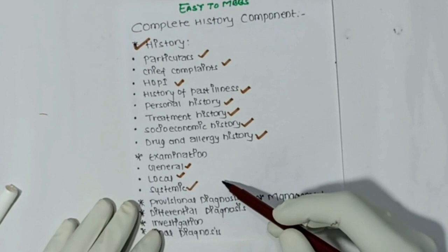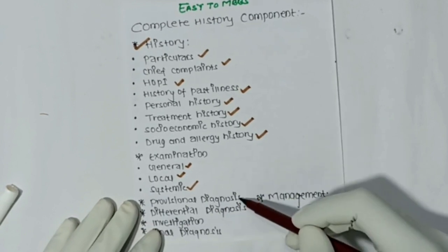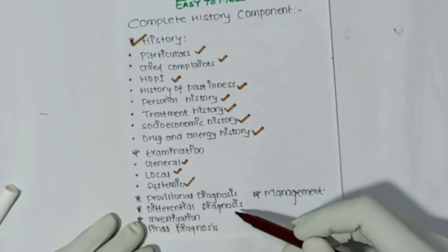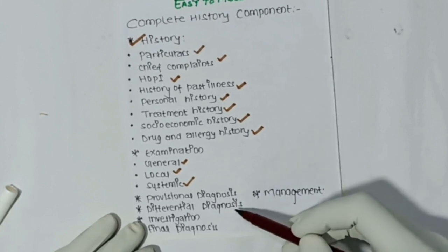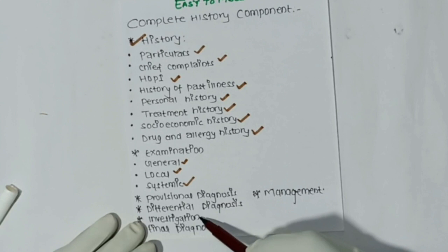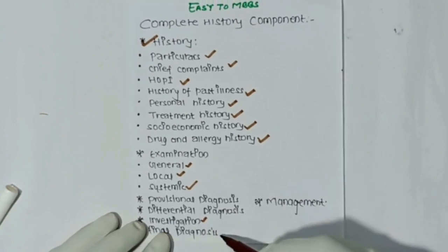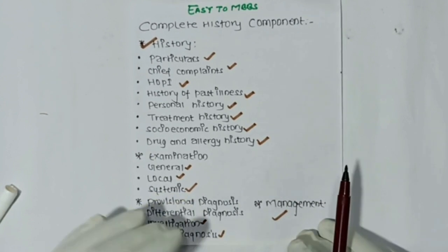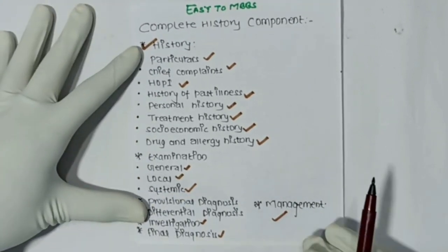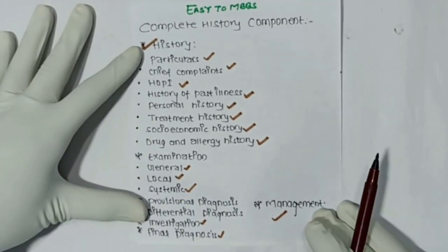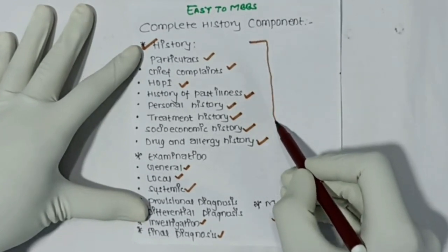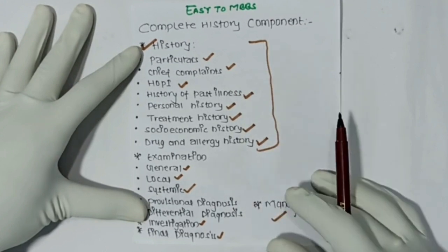After examination we go to the provisional diagnosis, then the differential diagnosis. After that, investigation is done. Then the final diagnosis is done. The last one is management. So this is the format of complete history taking and examination. Today we are going to discuss only the history portion, one by one.